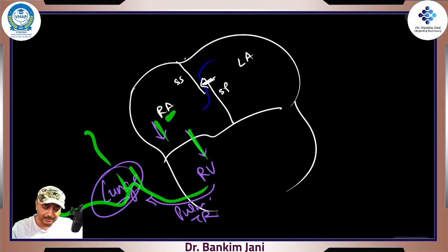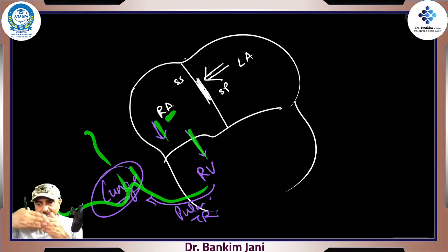And this new situation would be something like this. They are now in proximity with each other because this pressure is high. So as they remain over there, gradually they fuse. And this fusion is our atrial septum, the interatrial septum.